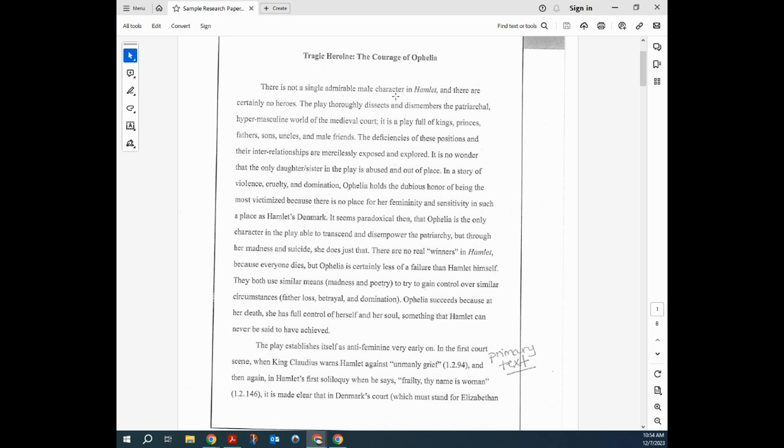You'll notice in the introduction, the student introduces the text, then gives a link to patriarchy and the hypermasculinity of the medieval court. So it makes a connection between the social issue and the actual text. The student then gives a summary of the text, but only a summary as it pertains to the social issue.